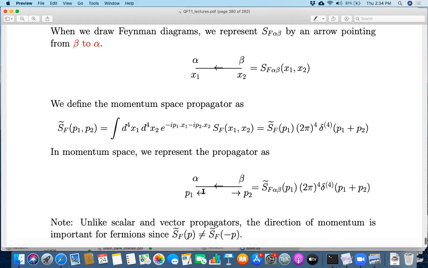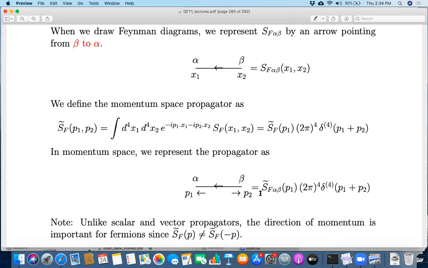So this convention that P1 and P2 flow outwards is the same as for scalars. For the scalar propagator, when we represented it in the momentum space, we said that we will choose the convention that the momentum that the two-point function carries, P1, P2, will be drawn outwards, towards the external points.